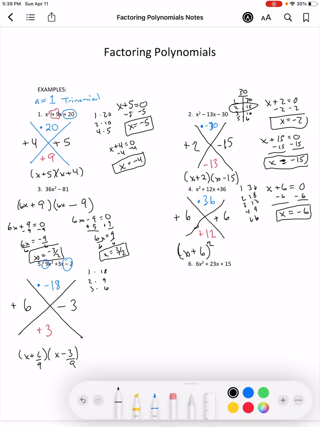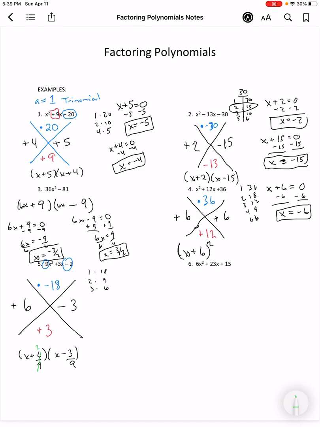Now, the rule tells us that if it doesn't divide evenly, we're going to have something that we have to move from the bottom to the front. So when I look here at 6 divided by 9, that becomes 2 over 3. And then that 3 needs to move up in front of the x. So it becomes 3x plus 2.